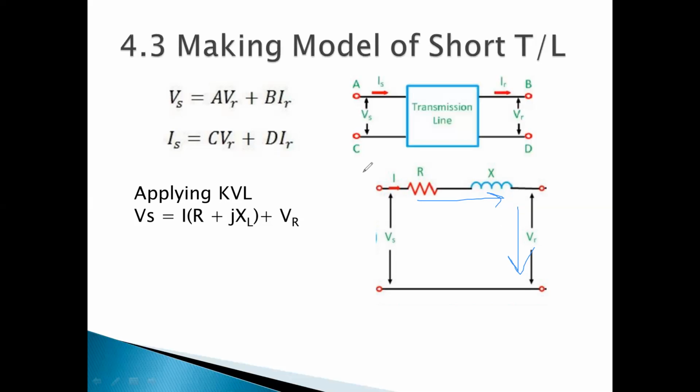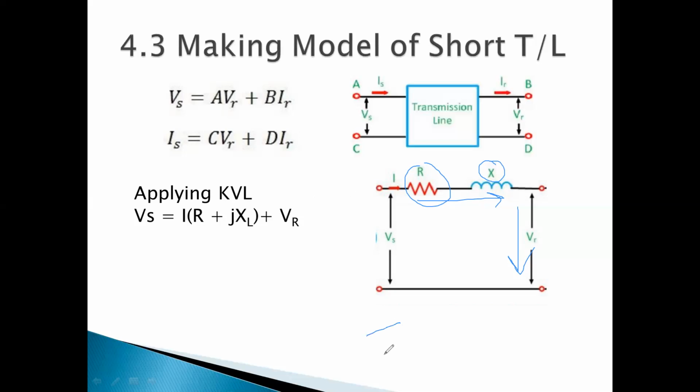By Ohm's law, I can find the drop across this component: V is equal to IR, so I write IR. I can also find the drop across this component: V is equal to IX, so I write IX. Because there is no capacitance, I named it XL, the inductive reactance. And I told you before that reactance is the imaginary component.